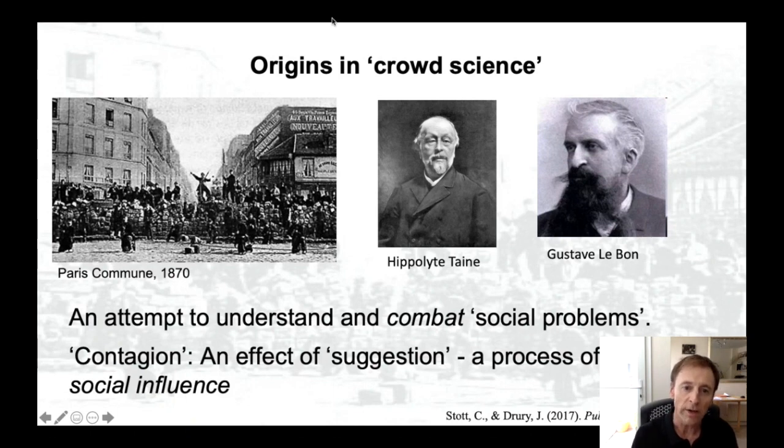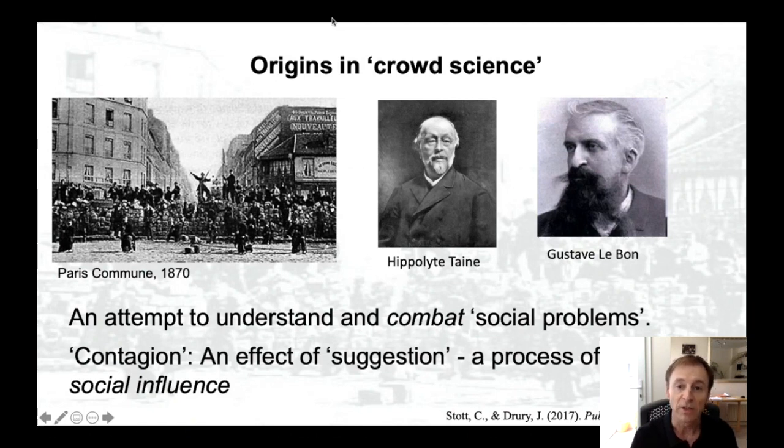And in order to understand and to combat these social problems, the early theorists drew upon concepts from medicine and biology to understand what was happening to people when they gathered in crowds. And the first of the crowd scientists was Hippolyte Taine, who used the term contagion alongside feverishness and other concepts.